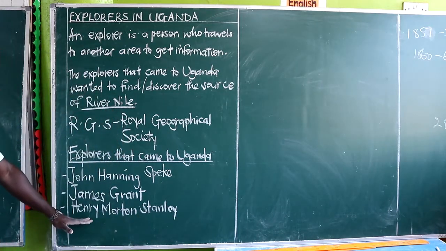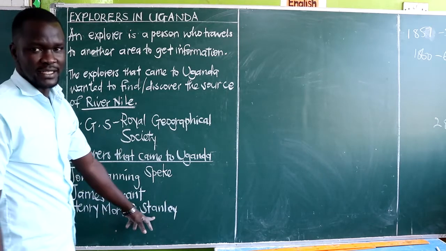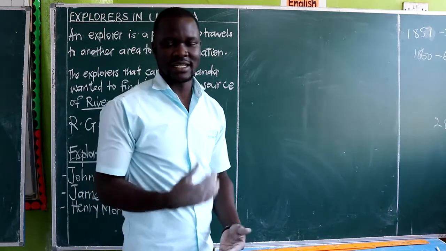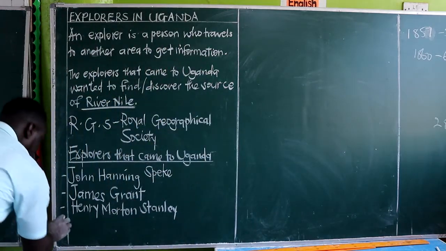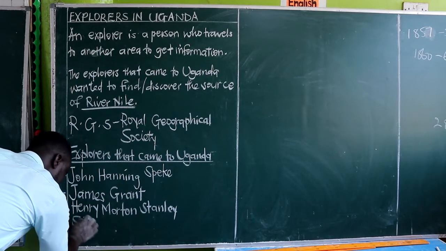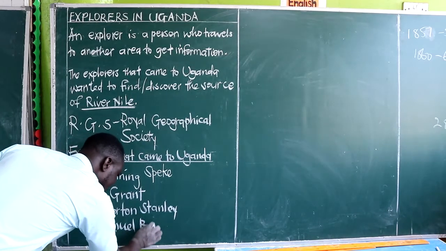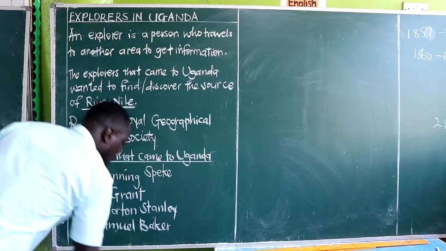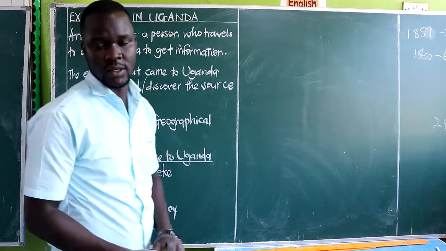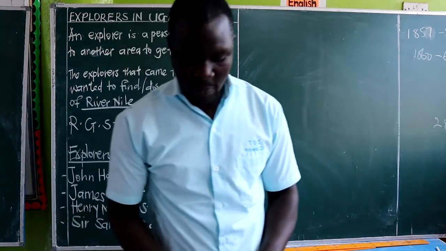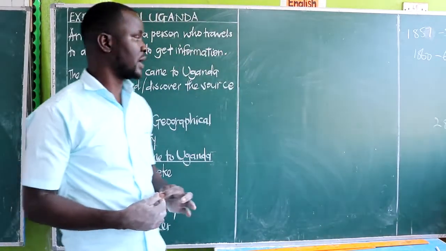This is the one that we write sometimes as H.M. Stanley. We should be able to tell that as we are in primary 5. And then lastly, we shall have Sir Samuel Baker. We should be able to tell all this in this lesson. So we have to be very attentive and we have to be very keen as we are discussing this.